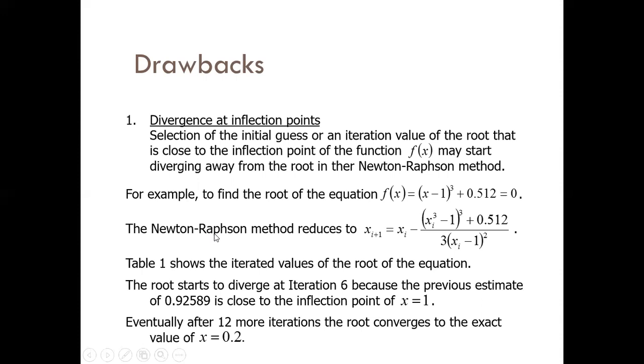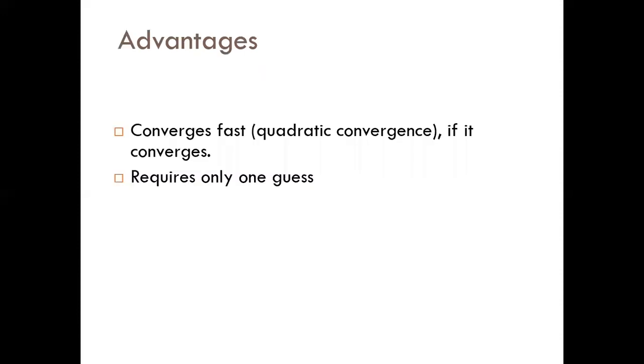The root starts to diverge at iteration 6 because the previous estimate of 0.92589 is close to the inflection point of x is equal to 1. Means if we use this for selecting the initial guess, the answer will be wrong. This is the only drawback of the Newton Raphson method.